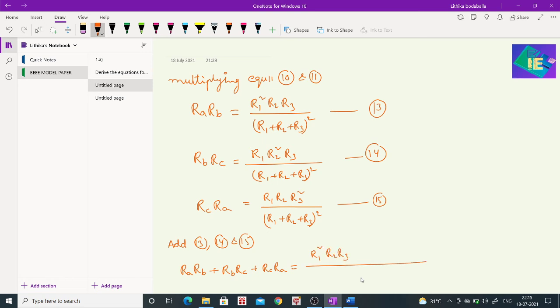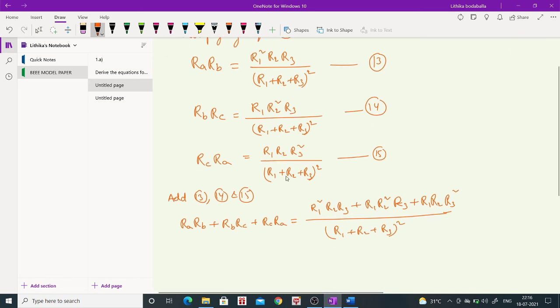See, the denominator is same, so I am writing denominator R1 plus R2 plus R3 whole square, plus R1 R2 square R3 plus R1 R2 R3 square. This is what you get. Okay. Just add all these things.